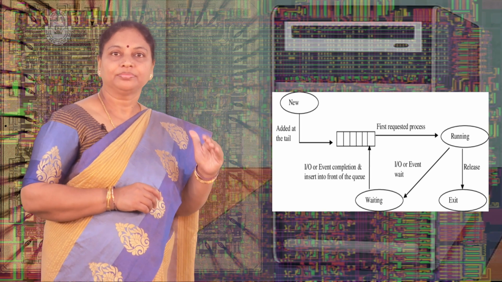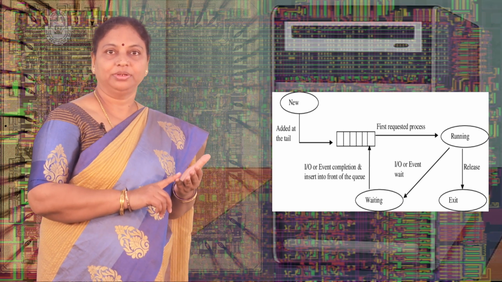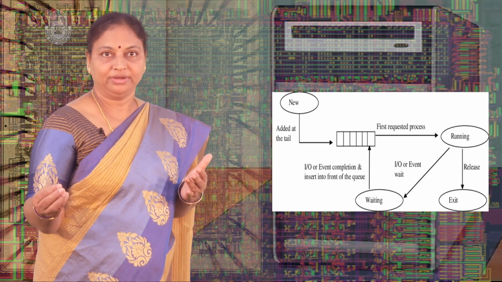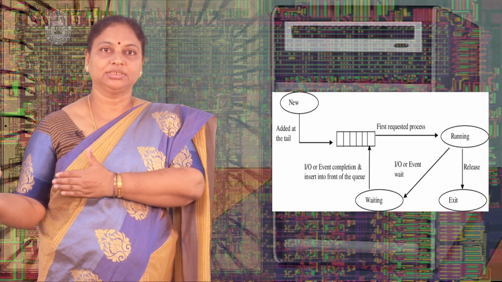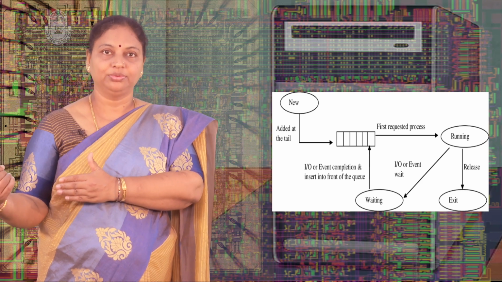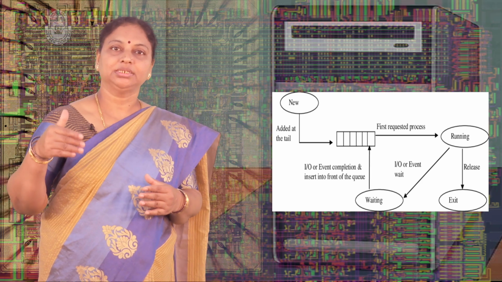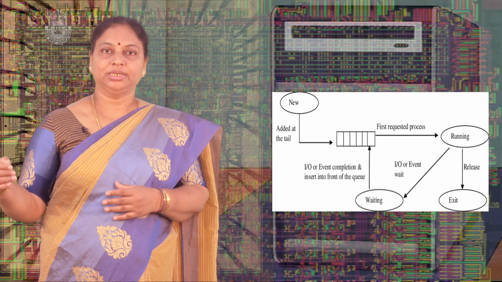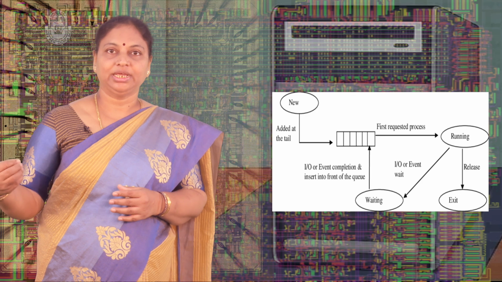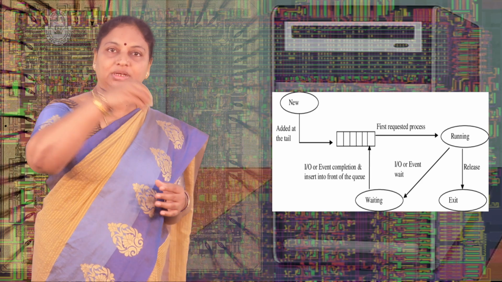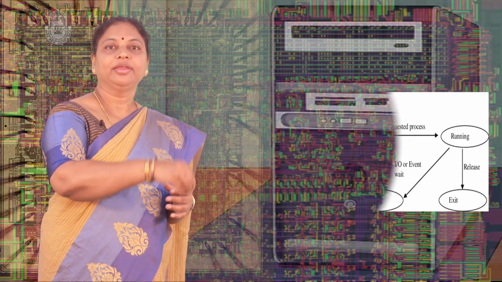So here the shortest job will be executed first, and among other processes which are in the ready queue, again comparison of the CPU burst time of all these waiting processes is taken up. Among them, the next shortest one will be selected, and for that CPU will be allocated.